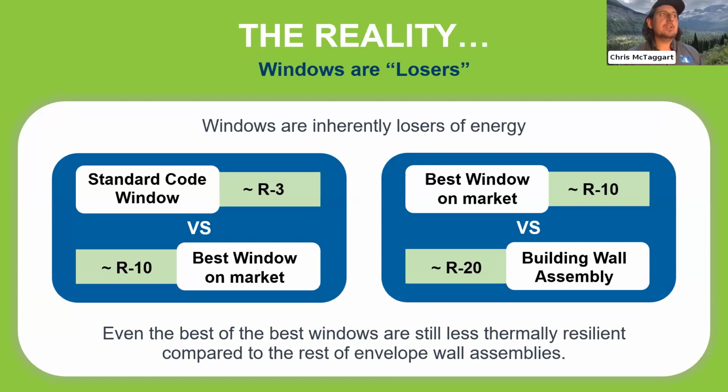We do build them into our homes, but in some ways you could say less is more, or we at least want to optimize their utilization in the building, because even if you get really great windows, they're still going to be insufficient from a thermal perspective compared to just our standard opaque wall assemblies.